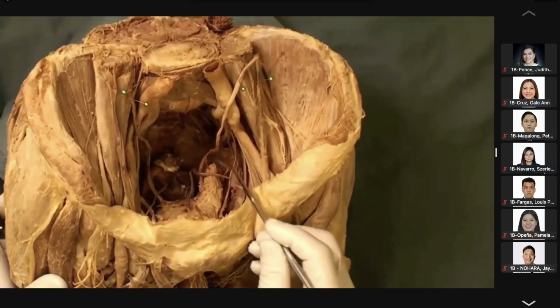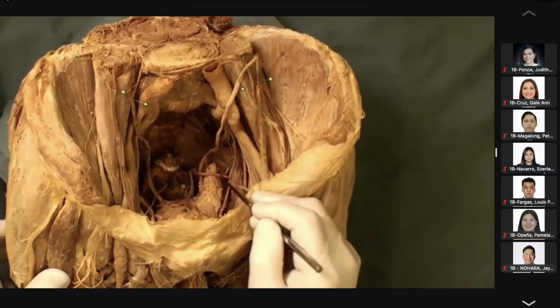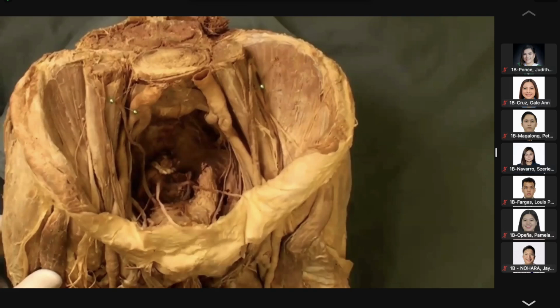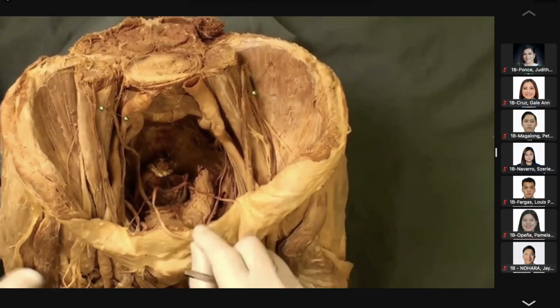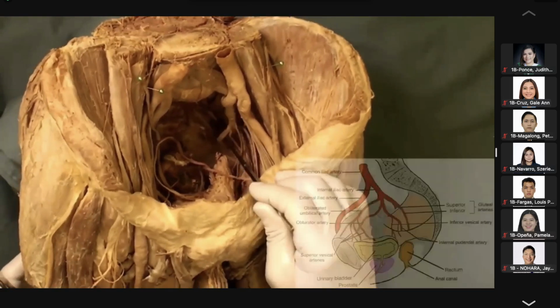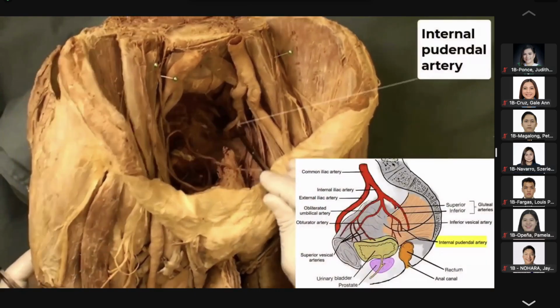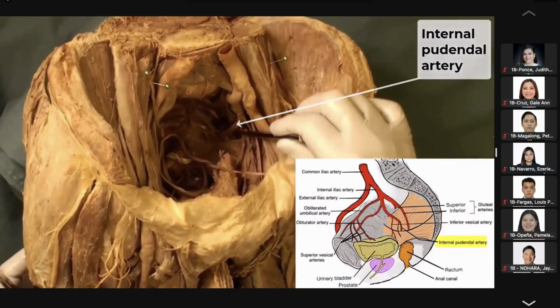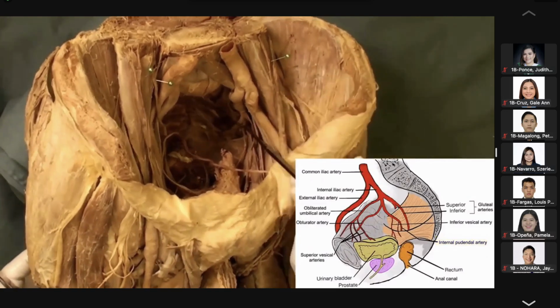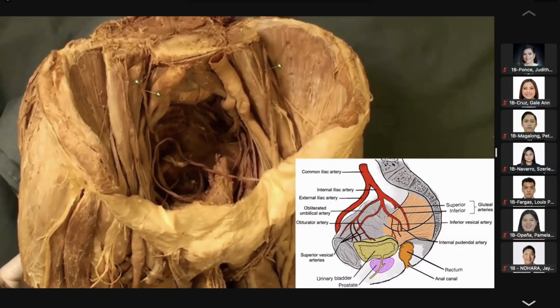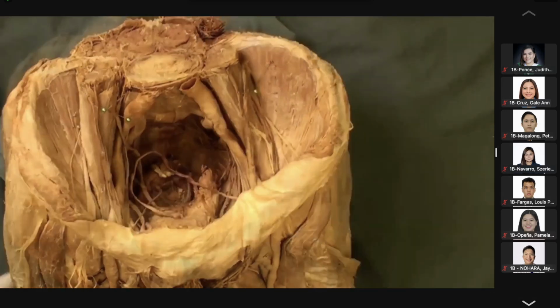The other branch of the internal iliac artery that we want to look at is the internal pudendal artery. I'm going to remove the ureter from here. And right here, that is the internal pudendal artery. It passes through the greater sciatic foramen, and it is the main artery of the perineum.